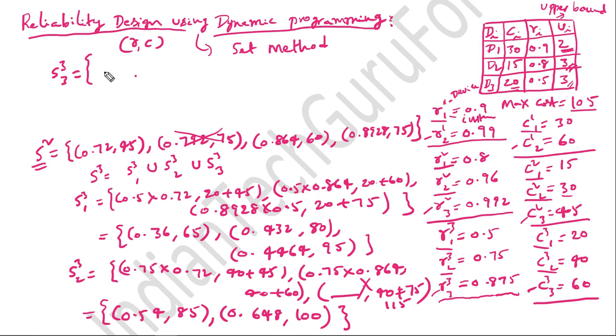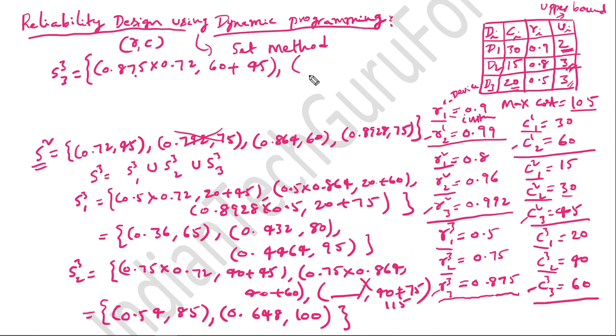So R power 3 suffix 3 value is 0.875 into this value 0.72, comma, C power 3 suffix 3 is 60. So 60 plus this value 45.